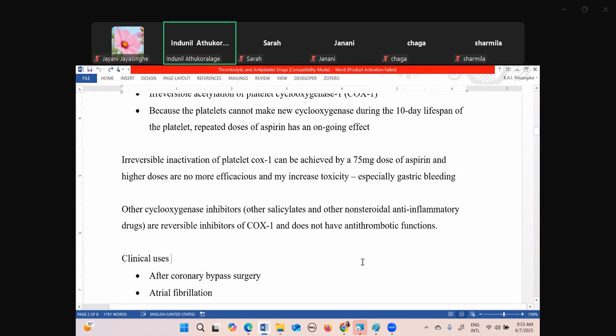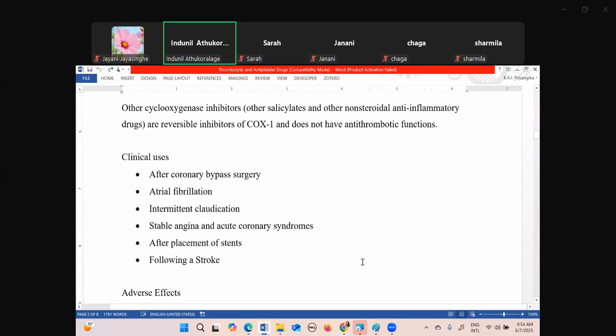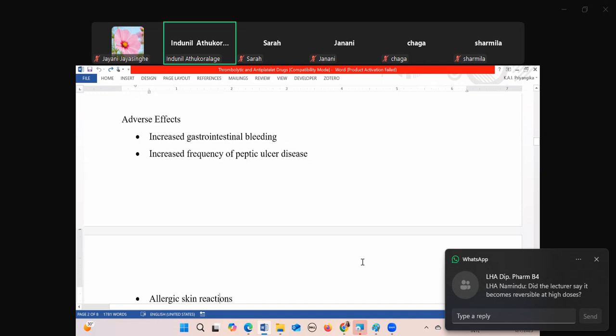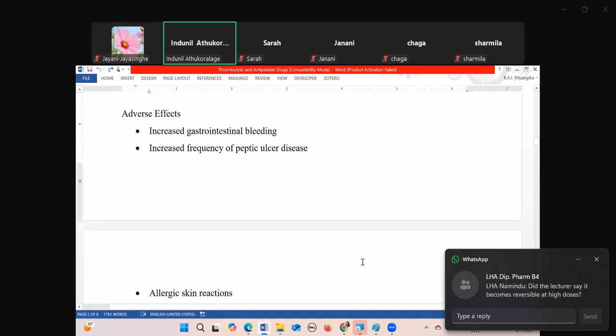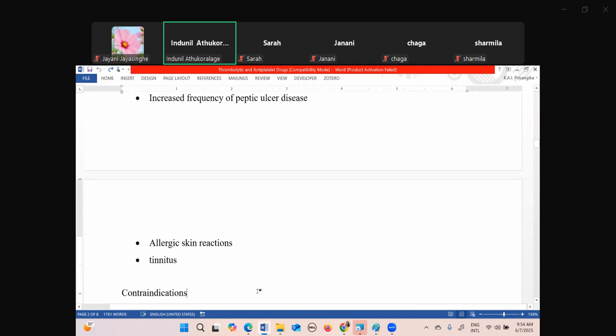Clinical uses of aspirin: after coronary bypass surgery, atrial fibrillation, intermittent claudication, stable angina, after placement of stents, following a stroke. Side effects: increased gastrointestinal bleeding, increased frequency of peptic ulcers, allergic skin reactions, tinnitus.